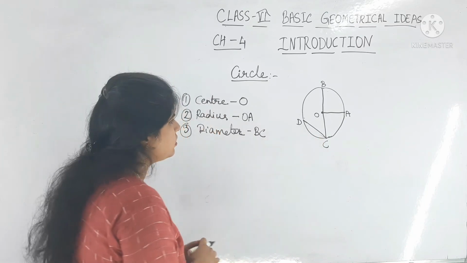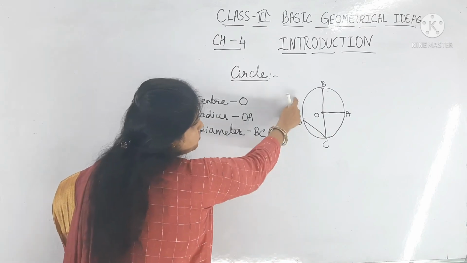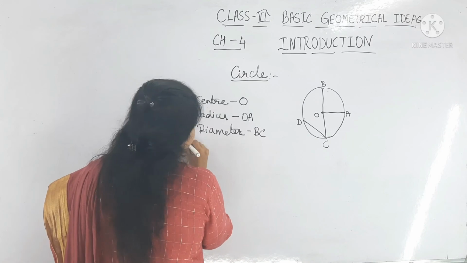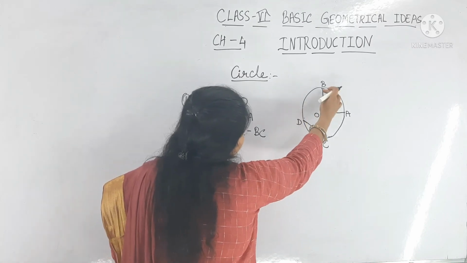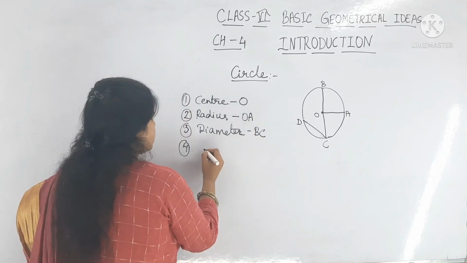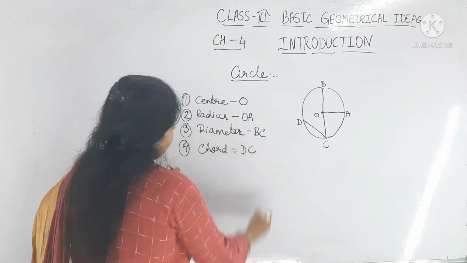Here this is a chord. It should not be in the center. The points should be on the circle only. You can make it anywhere, here and here, here and here. This is called a chord, not through the center. So the chord is DC.